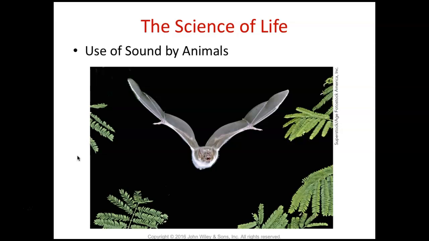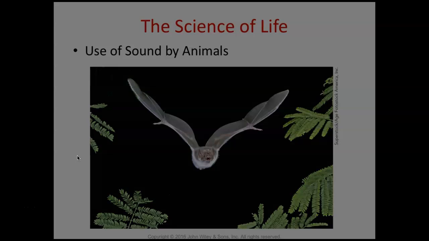And so today what we understand is that these bats are navigating by emitting these high-pitched sound waves and then listening with both ears for the reflection of those waves off of other objects. And basically this echolocation allows them to fly in complete darkness. So it's a really interesting example of how sound is used by all organisms.